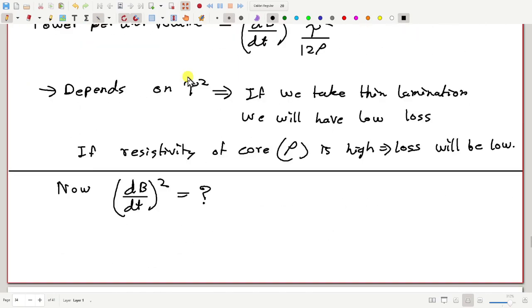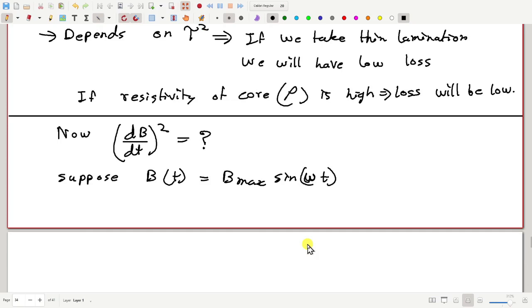So suppose B is equal to B max, some amplitude, into sine omega t. Here this omega is the frequency of the supply. That will also be the frequency of the flux variation. So how much is dB/dt whole square?